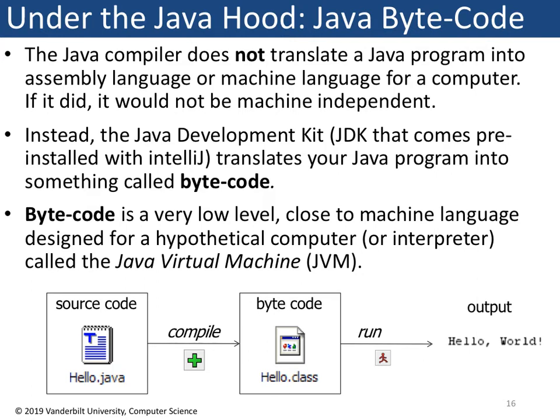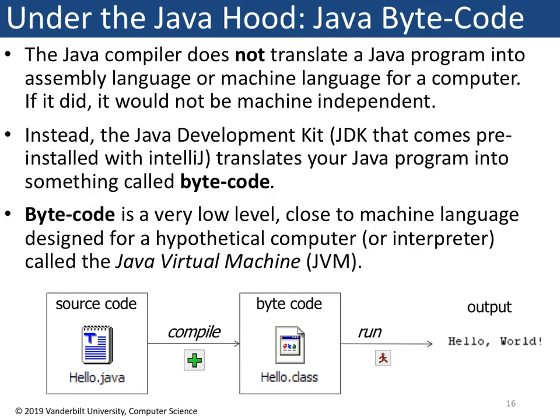Java does not actually compile a program down to object code. So a Java program, when it is written and compiled, does not get compiled into assembly, and it does not get compiled into object code. Instead, there's something referred to as JDK, the Java Development Kit.